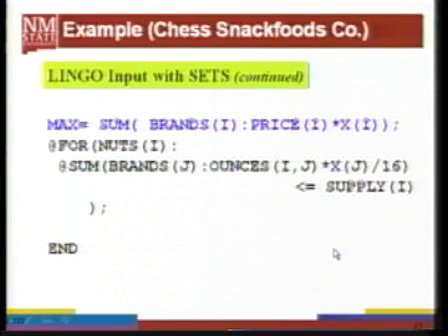First, we create an objective function of maximizing total revenue, right? And our current example has only one class of constraints. What is that? For each nut type, the total number of pounds of that nut used must be less than or equal to the available supply of that nut, right?